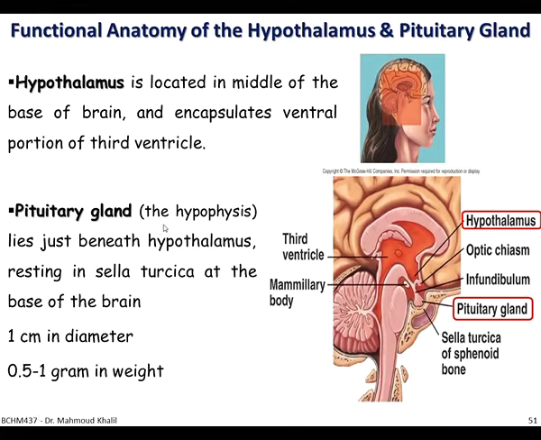Another name for the pituitary gland is hypophysis. It lies just beneath the hypothalamus, resting in a region called the sella turcica at the base of the brain. Generally it's 1 centimeter in diameter and weighs up to 1 gram. So this figure shows the location of 2 very important glands, the hypothalamus and the pituitary gland.